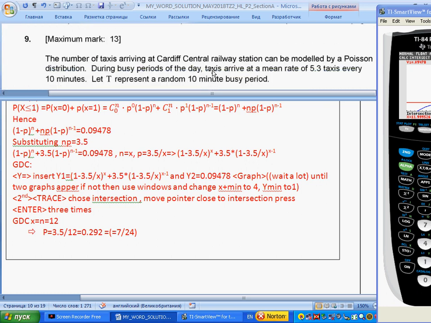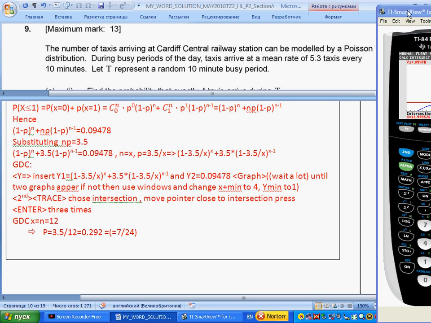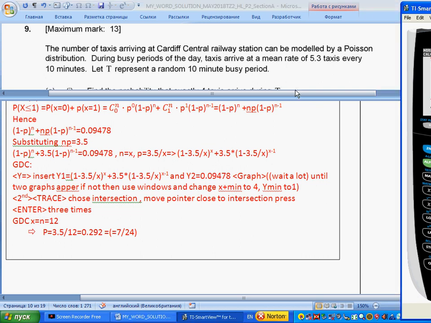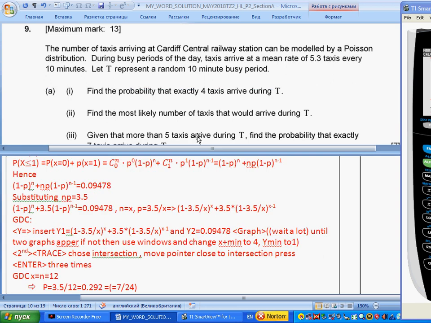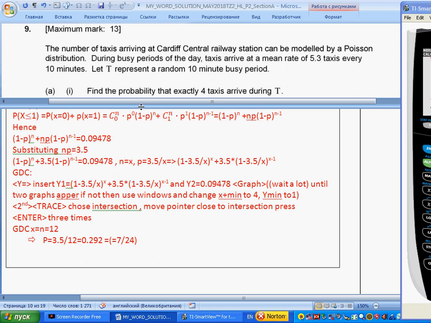Section B. Section B is about Poisson distribution. Let's go step by step. So read the question. The number of taxis arriving at Cardiff Central Railway Station can be modeled by a Poisson distribution. During busy periods of the day, taxis arrive at a mean rate of 5.3 taxis every 10 minutes.